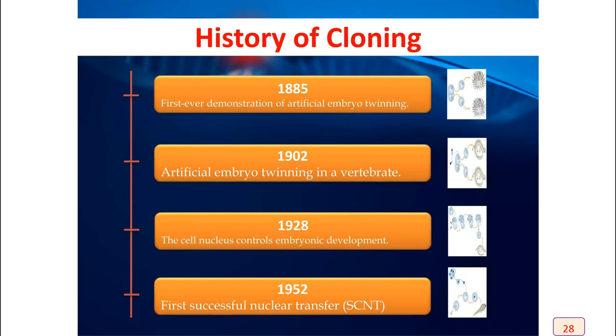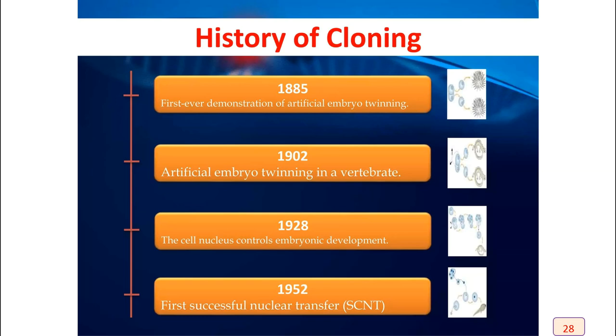In 1885, the first-ever demonstration of artificial embryo twinning was shown by some scientists. Then they did the research and ultimately published the papers. Then 1902, the artificial embryo. 1918, the cell nucleus controls embryonic development.